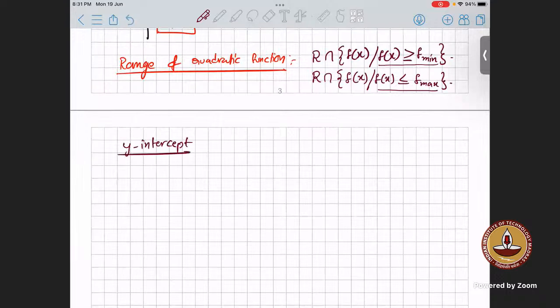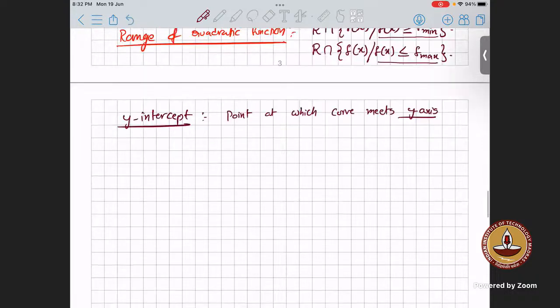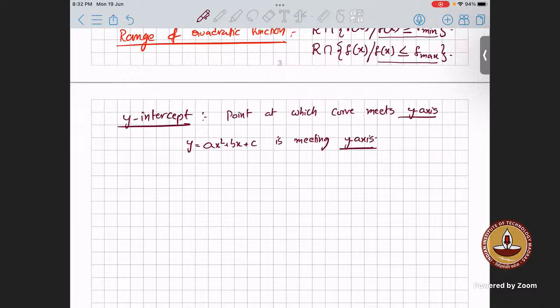What does y-intercept mean? When x is nothing but 0, it is the point at which the curve meets the y-axis. So y equal to x square plus bx plus c is meeting the y-axis. Take any point on the y-axis: it is in the form of 0 comma some k.